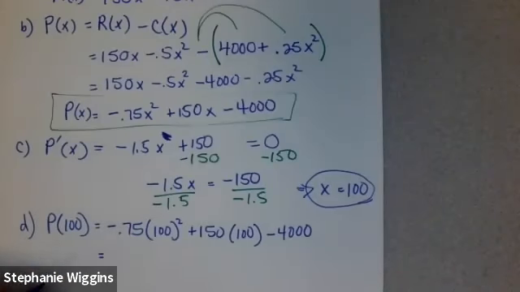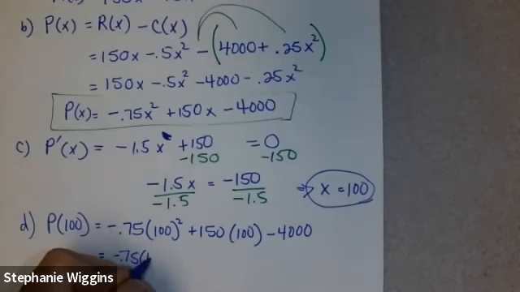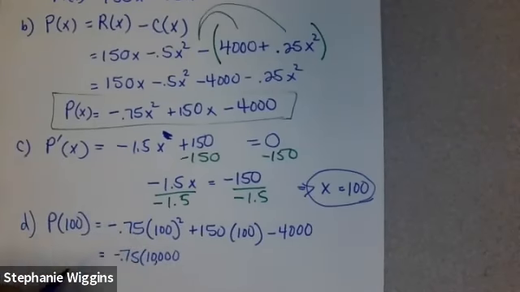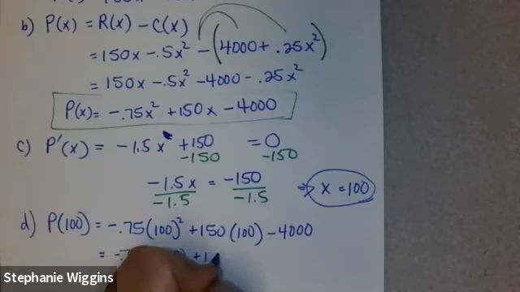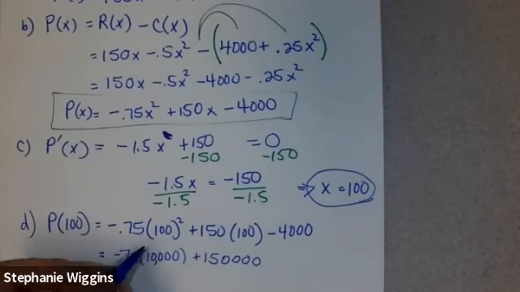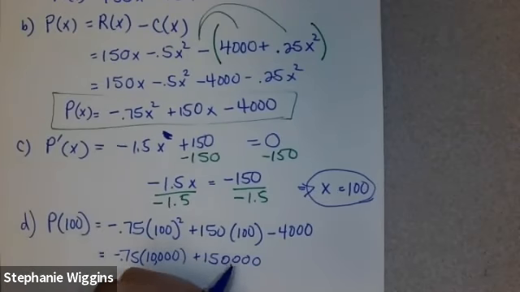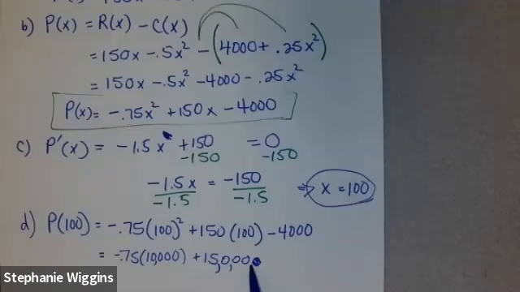So this is going to be negative 0.75 times 10,000 plus 15,000. I had an extra 0 there. I've got 3 zeros, so it's 15,000, and then minus 4,000.